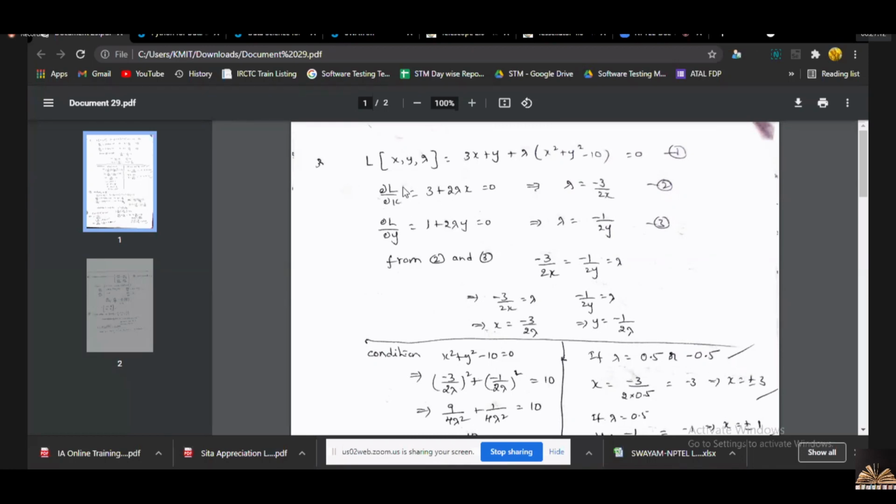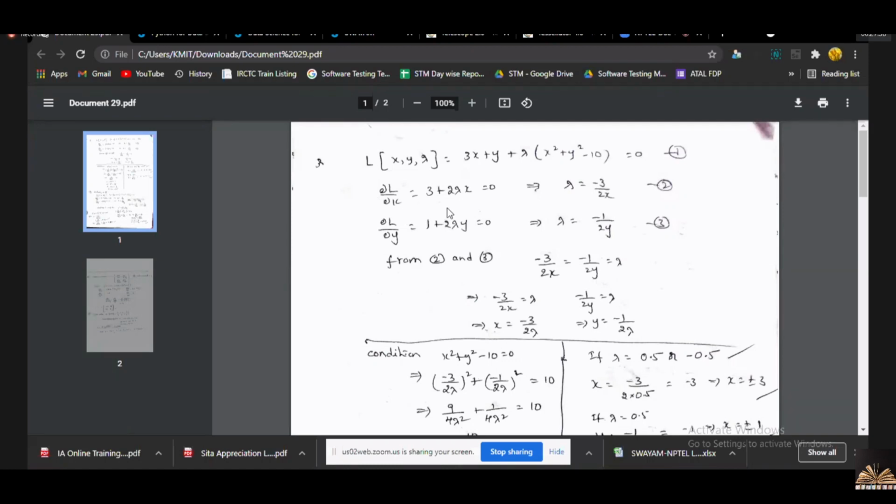Now, with respect to x, the first derivative, dou L by dou x. That means from this function you need to write the first derivative with respect to x.